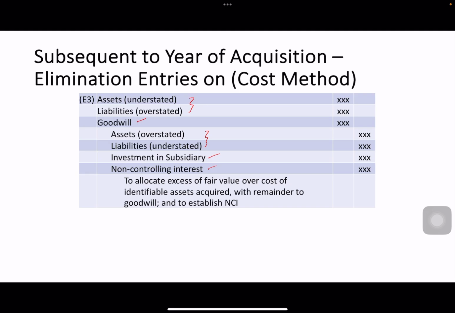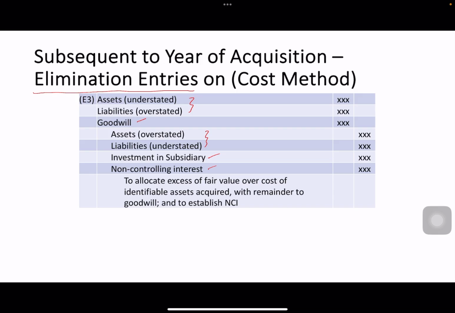Why do we need to prepare this entry again? Recall that eliminating entries do not affect the separate books of the parent nor the subsidiaries. So when we prepared this exact same entry on the date of acquisition and on the first year of acquisition, afterwards, the separate books of the parent and the subsidiary remained the same.